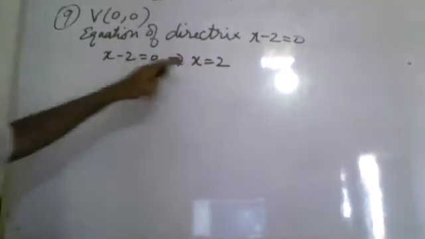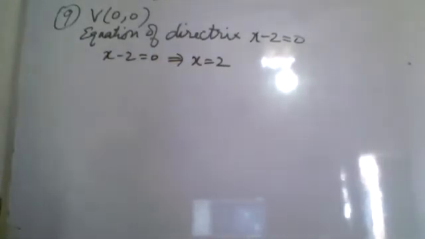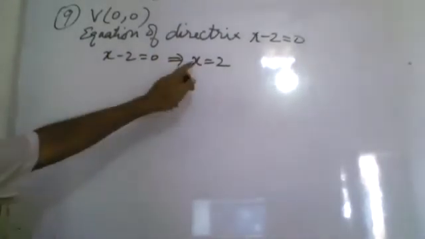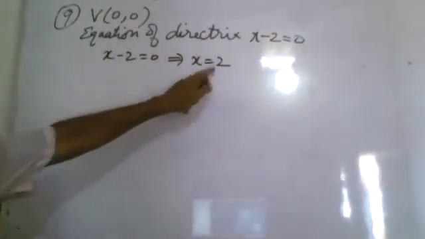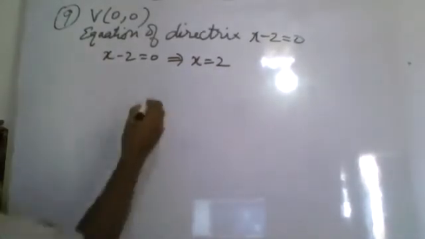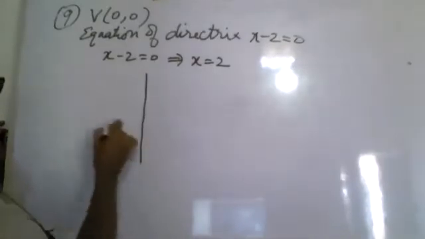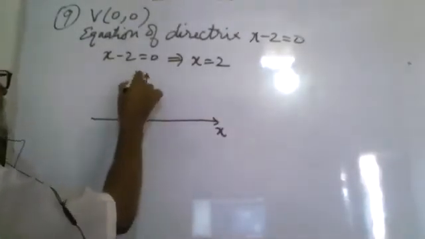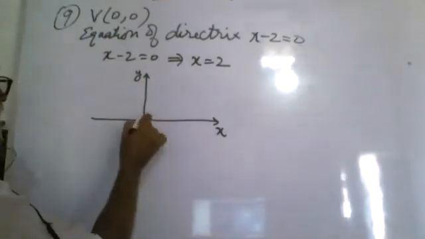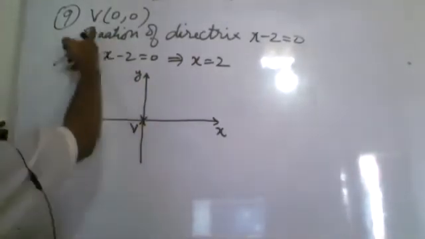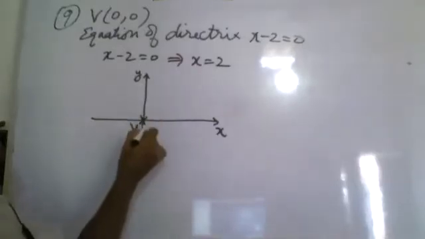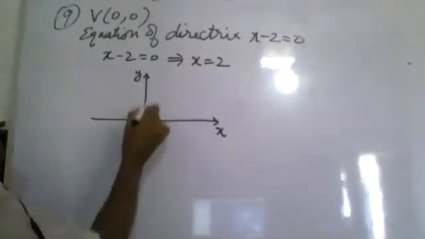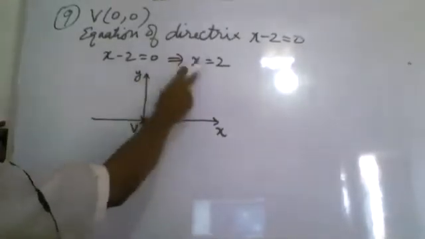This is the equation of the directrix. So the distance from origin to the directrix will be 2 on the x-axis. This is the vertex, origin. This is the directrix, x is equal to 2.